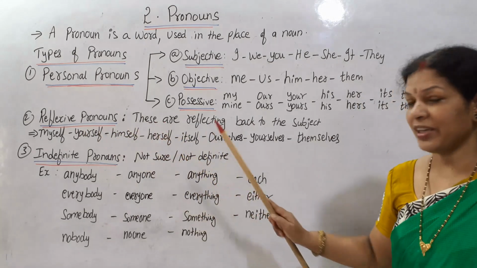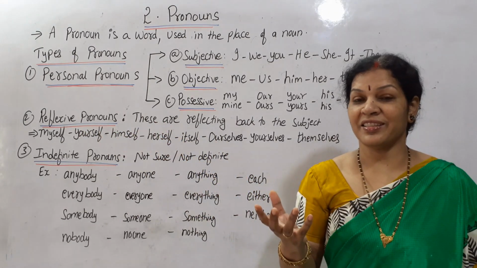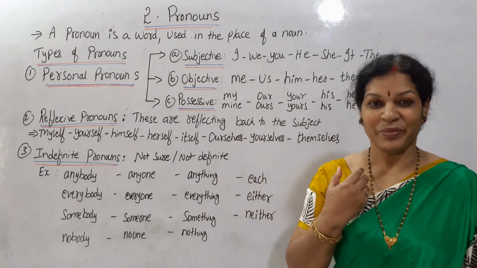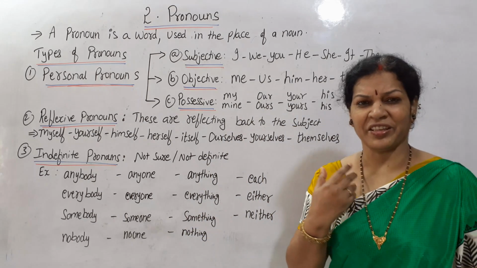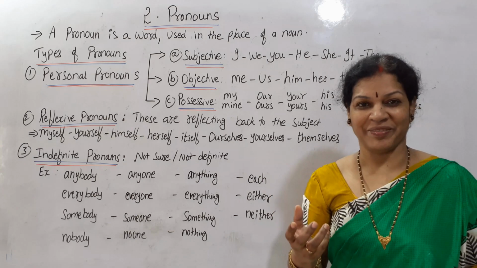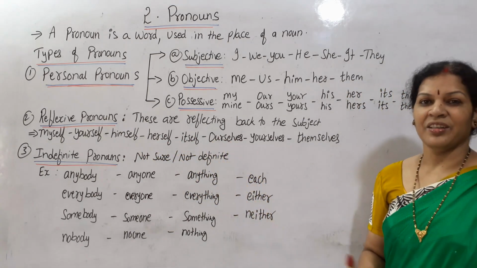Myself. For example: I see myself as a great motivational speaker in my dream. I am imagining that I am a great motivational speaker in my dream. I want to become myself. Like this, you can take any example.